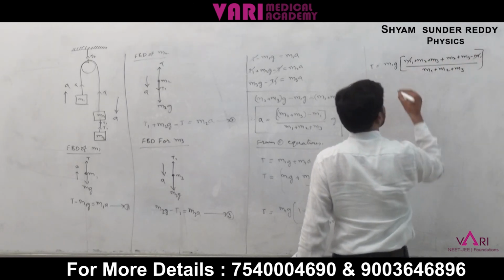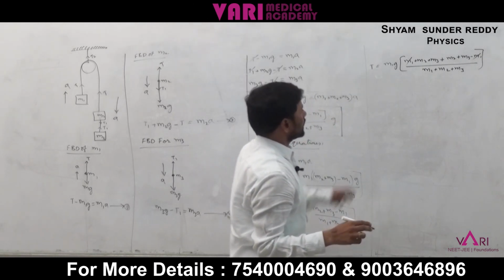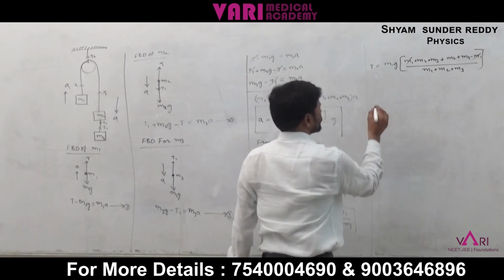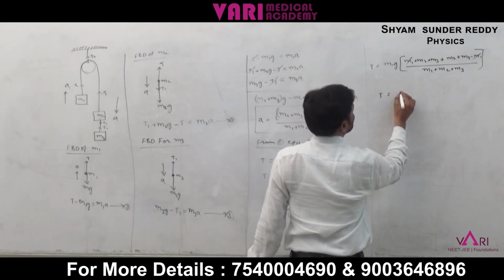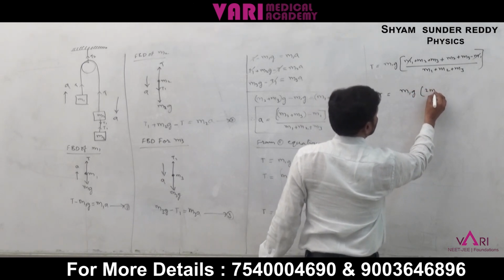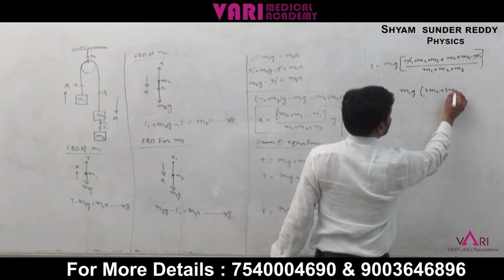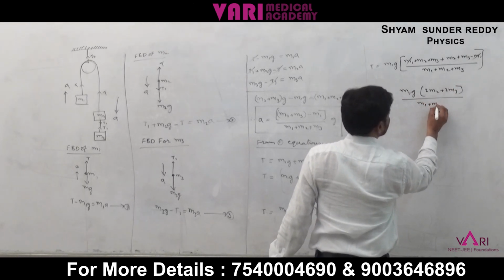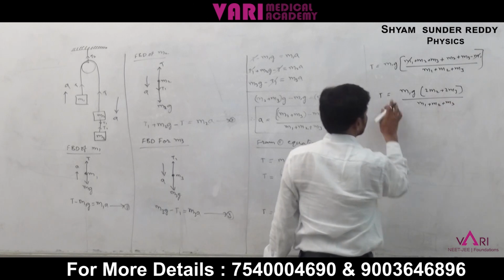Minus m1 plus m1 gets cancelled. This is 2m2 plus 2m3. So T is equal to m1g into (2m2 plus 2m3) divided by (m1 plus m2 plus m3).